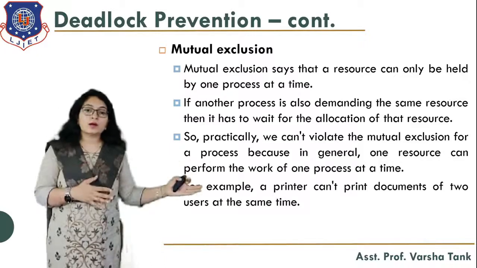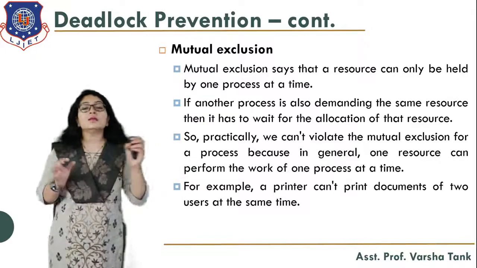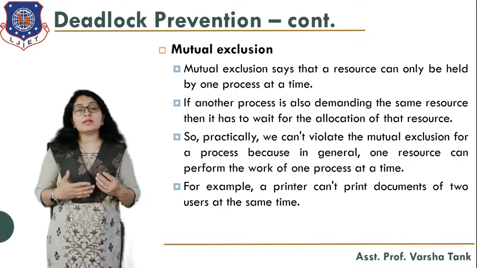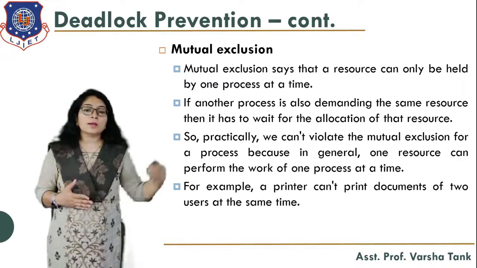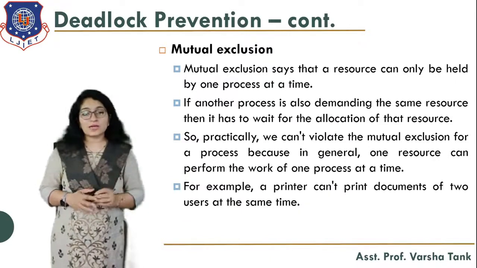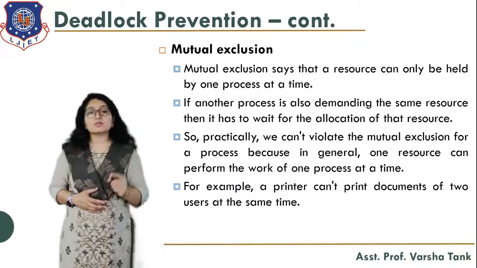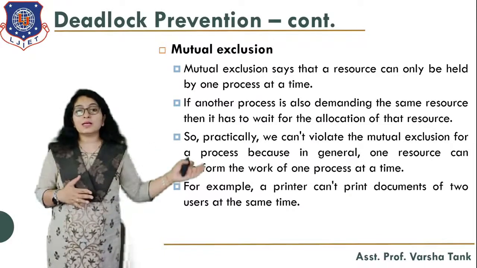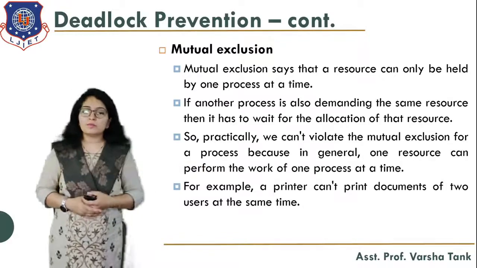After completing the task of user one, the task of user two will be performed. The printer cannot print one page from user one and another page from user two; that is not possible. The printer will just print all the documents assigned by user one, or process one, to that resource.